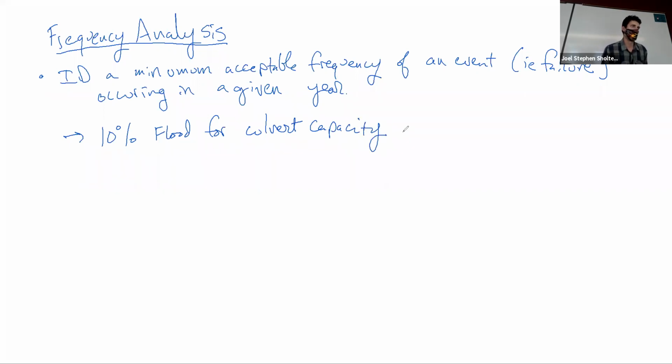So say we design the culvert to convey the peak discharge associated with the 10% annual chance flood. On average, we have about a 10% chance of a flood happening that the culvert cannot convey. What's the consequence of the culvert not conveying flow?